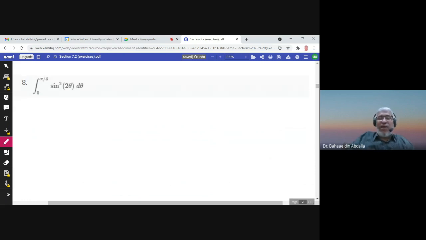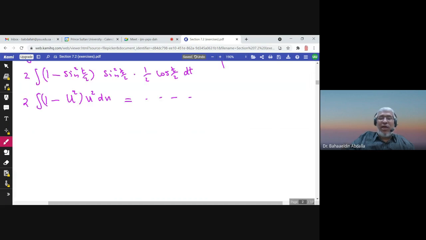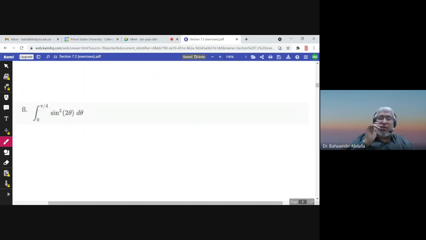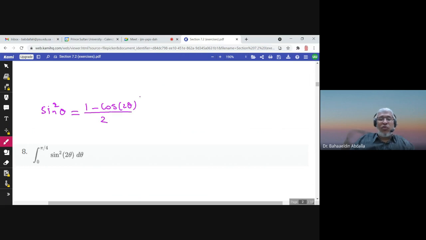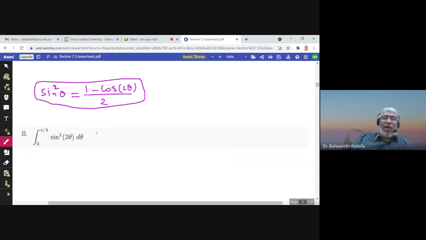Now, if neither sine nor cosine has an odd power like this, sine square or cosine square, then we have to use a formula to change sine square to cosine. The formula says sine square theta is 1 minus cosine 2 theta over 2. We need to memorize this formula if we don't know how to derive it and use it.